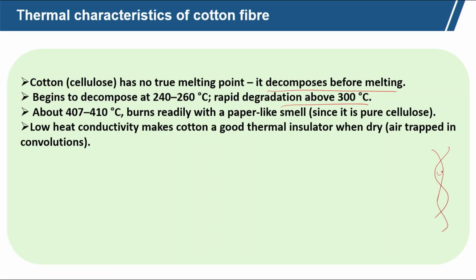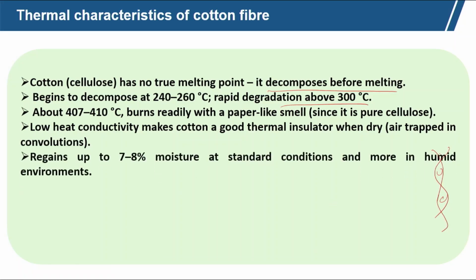In this convolution the air entrapments are there. So, when we produce yarn and fabric, a large amount of air is entrapped. So, that makes the cotton fabric highly insulating, particularly in dry condition.